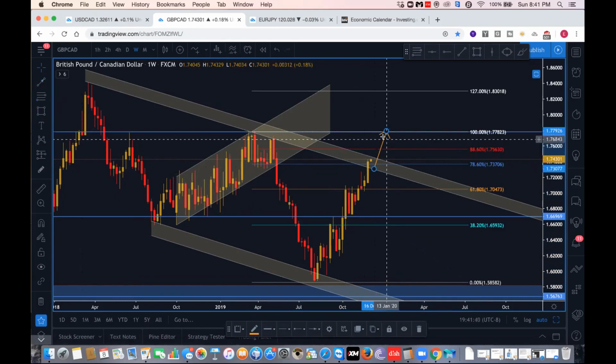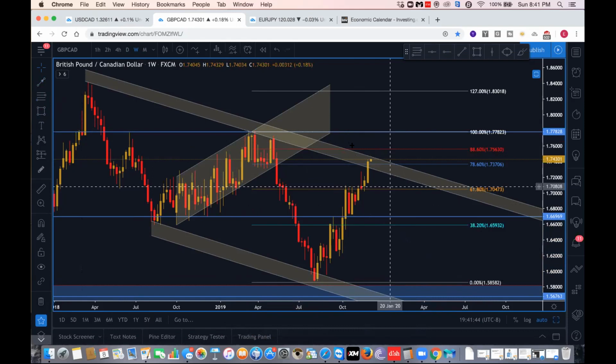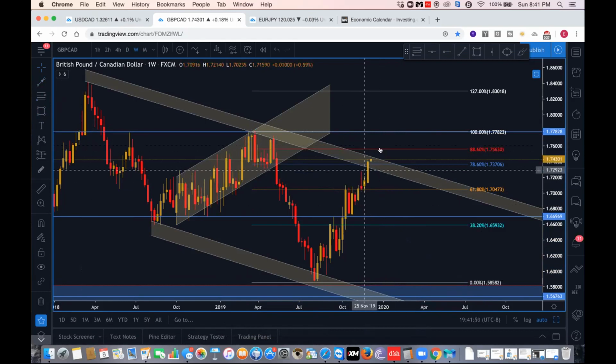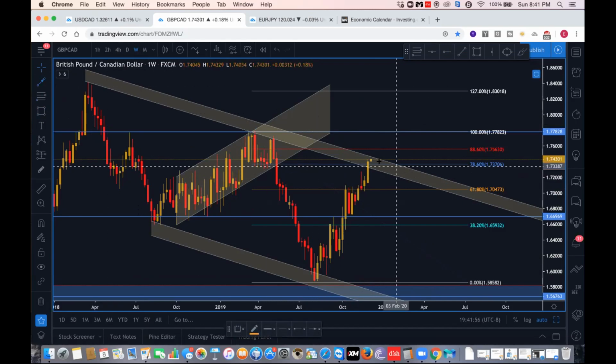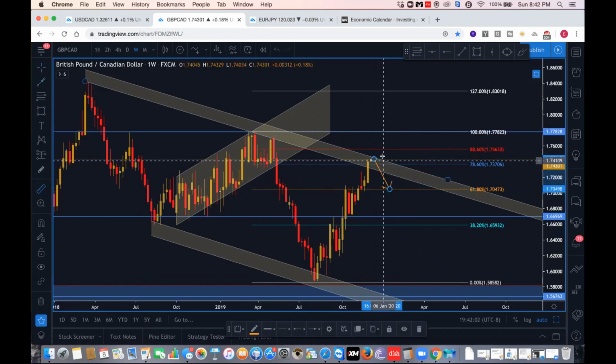This could easily push up, but just based off technicals and what we're seeing, I want people to keep an eye on where we're at on GBP CAD, because if the highs around here hold, then we're going to look to take it back down. Because this is a pound pair, if you push it back down, even back down to here, that's 400 pips.